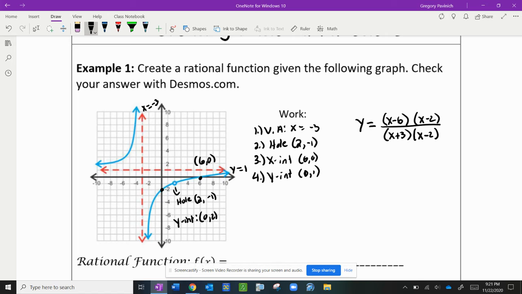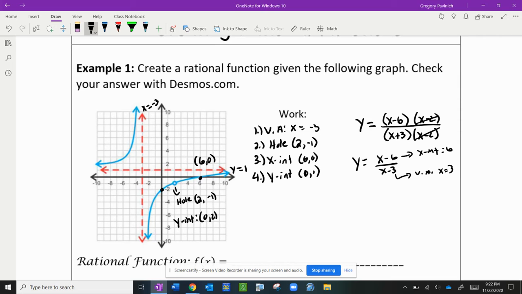One thing I could notice is my hole, so I reduced it out. I'm left with x minus 6 over x plus 3. I know I have an x-intercept at 6. I know I'm left with a vertical asymptote at -3.